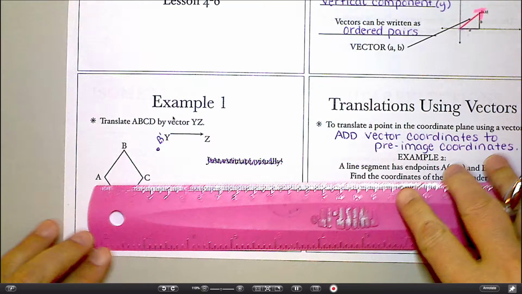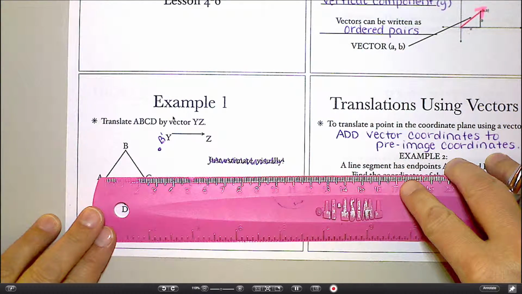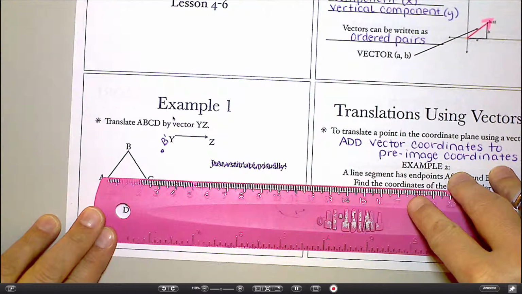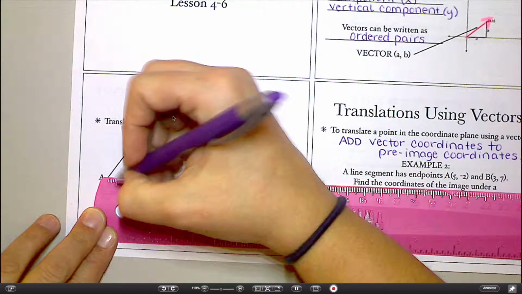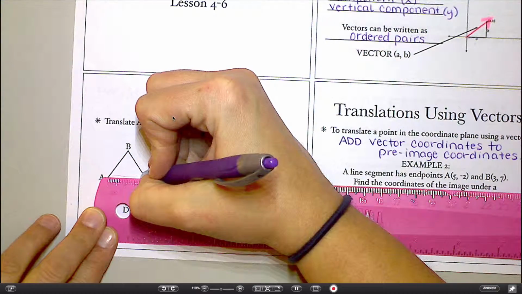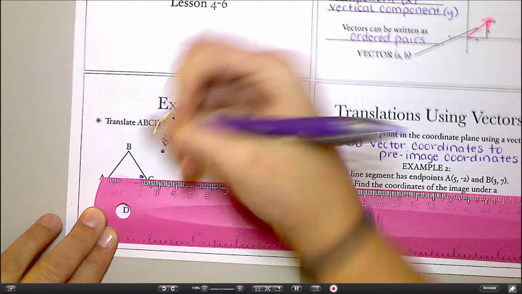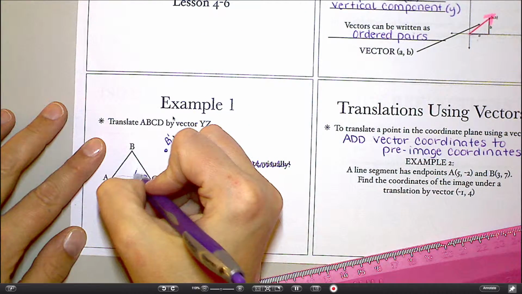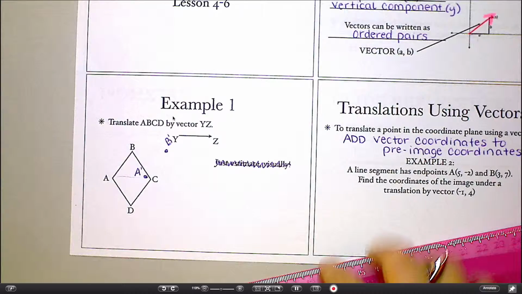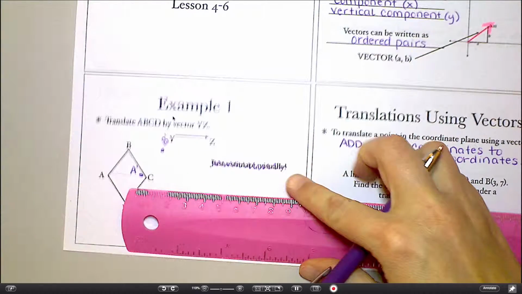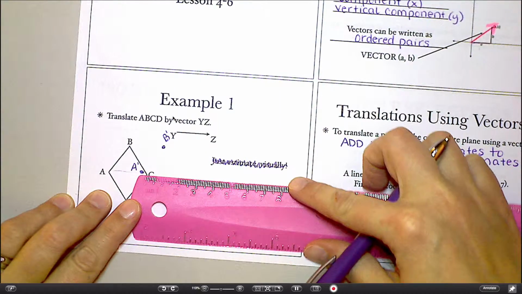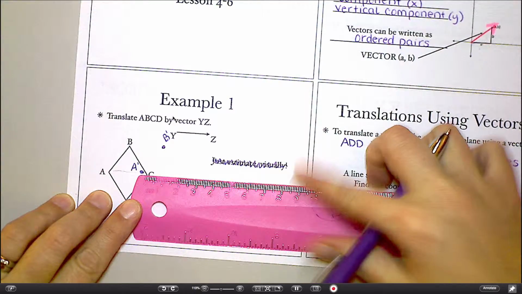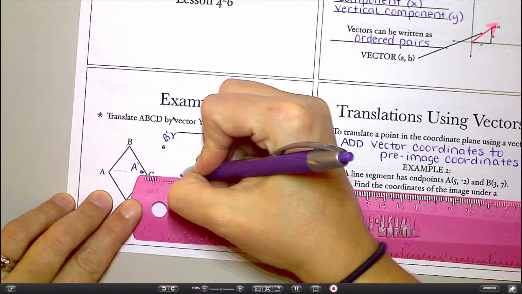Then I'm going to go over here to A. And again, keeping it straight horizontal, just like it is up here, my A is going to move 2 centimeters over, so it's going to go right here. And I'm going to name that A prime. My C is going to move 2 centimeters over. And that would be C prime right here.